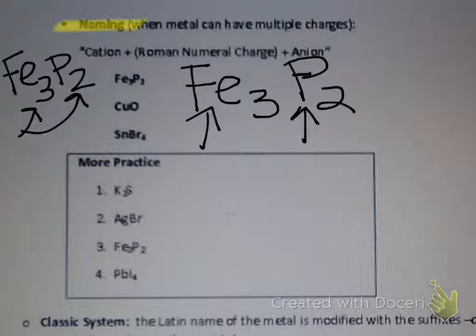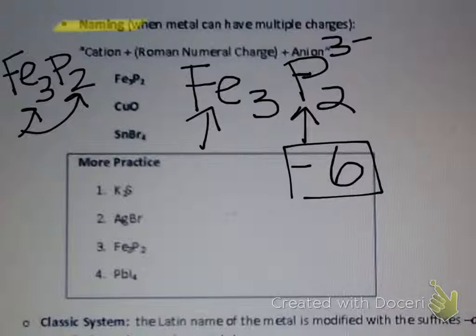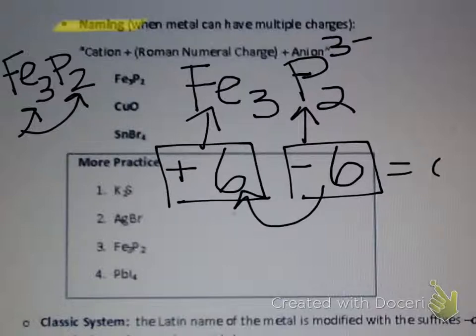Well, let's figure out the total anionic charge right now. Phosphorus does not change its charge. The anions don't. And we know phosphorus is in group 5A. It has a -3 charge. So if we have 2 phosphide ions, each with a -3 charge, the total negative charge is -6. In order for this to be a neutral compound, the total positive charge also has to be +6 in order to get a net of 0.